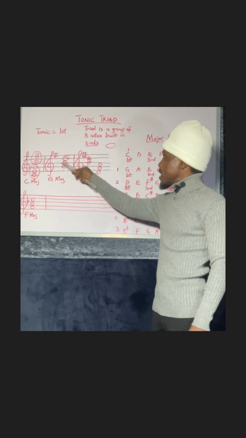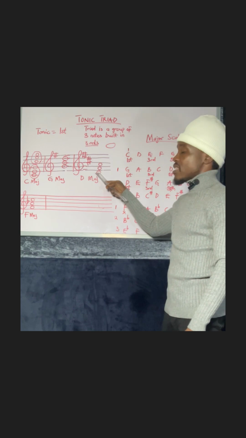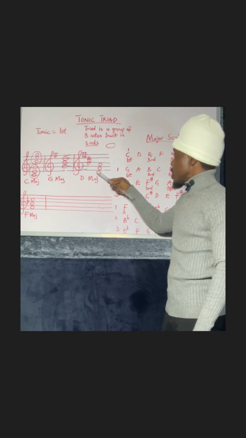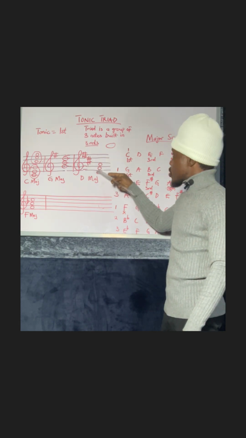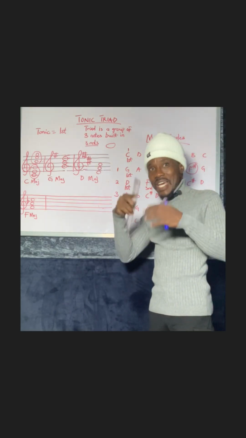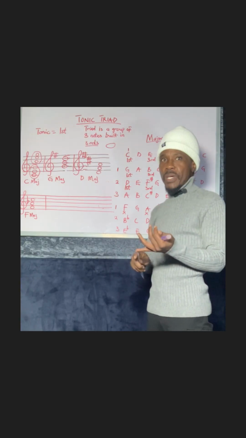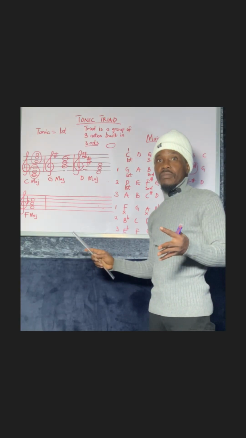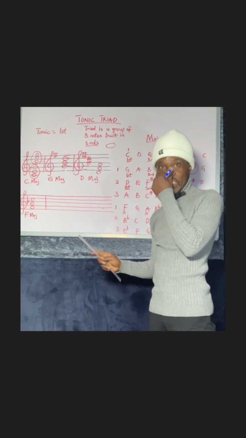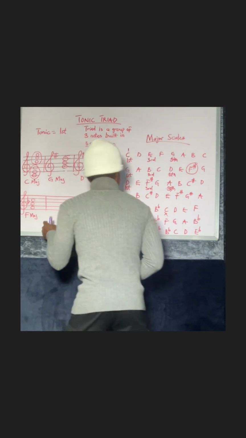So we have line, line, line. And when the tonic is in the space, the others will be in the next two spaces. So it's going to be space, space, space. Therefore, writing triads on the staff is either line, line, line, or space, space, space. Isn't that interesting? So this is for F major.